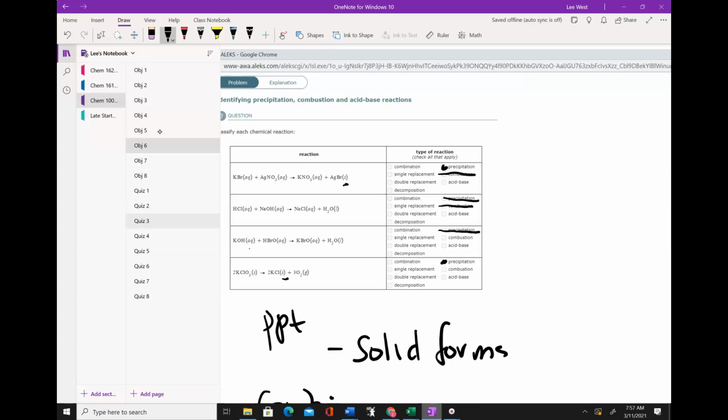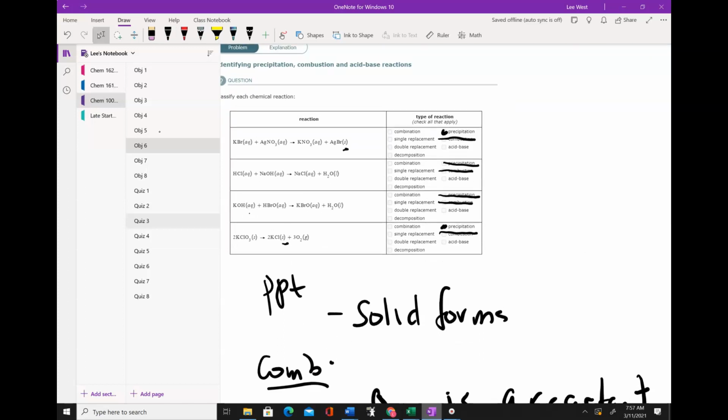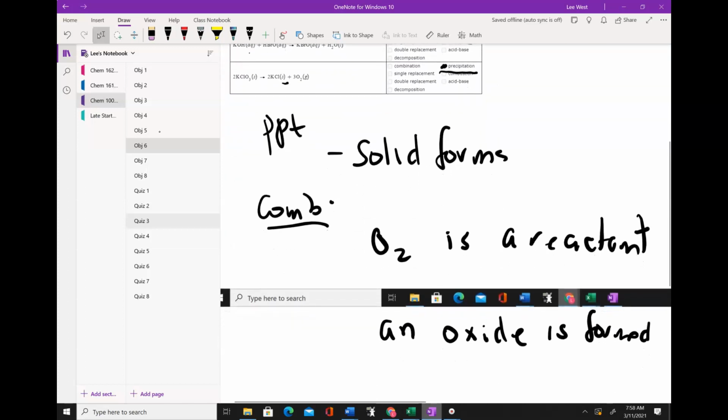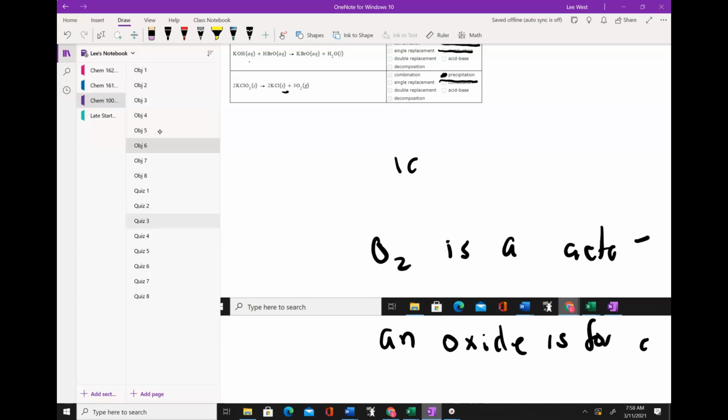No oxygen is a reactant, it's not a combustion. No oxygen is a reactant, it's not a combustion. So it looks like none of the four are combustion. Nope, that's good.